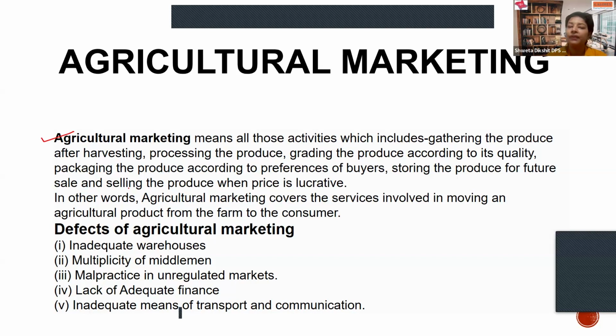What are the problems of agricultural marketing in India? First of all, there's a serious lack of warehouses. Many times I personally have seen that the agricultural produce after the harvesting season is piled up on the open ground and kept there.